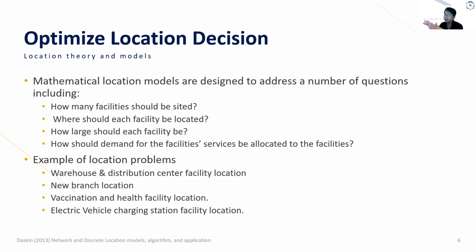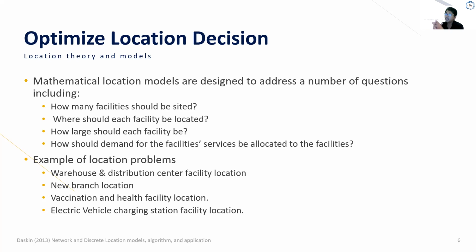So we can also address this problem as a mathematical model problem, on the same questions: how many of these facilities are needed, where you should put them, and at what capacity and so on.